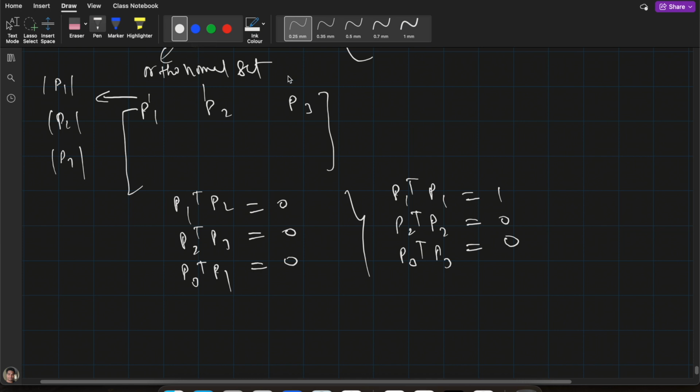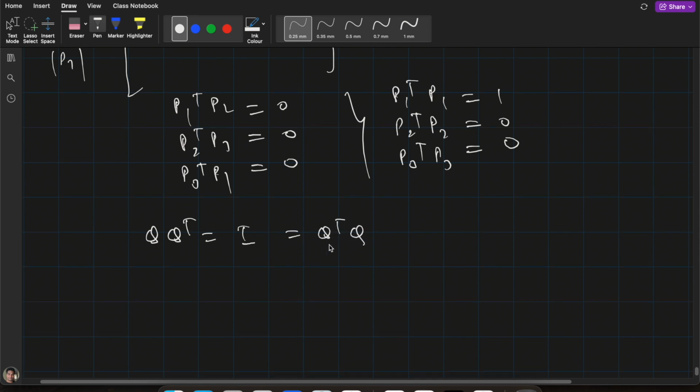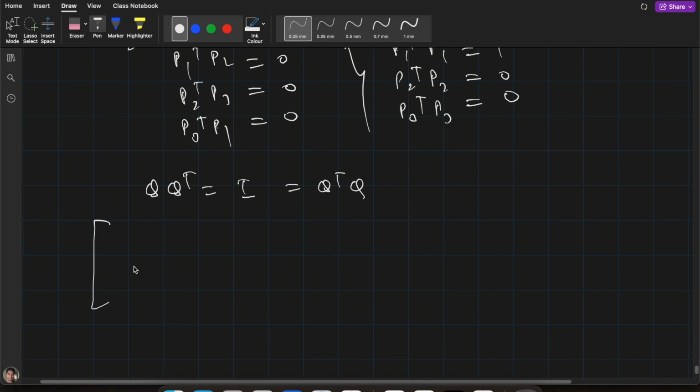And also if you rename it as Q, then you will get Q transpose Q is an identity matrix. You can see that. Just take P1, P2, P3 and take the transpose, that column will become a row, right?